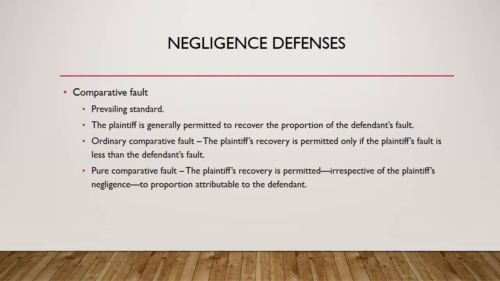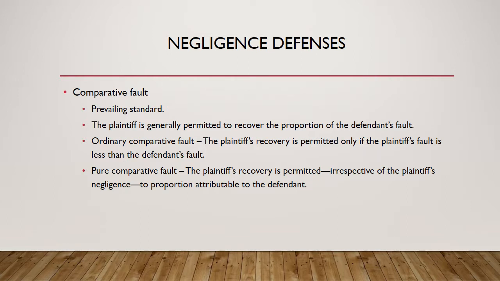So even if it can't act as a complete bar, it can limit the liability that the defendant has. Comparative fault still helps lessen the liability of what a defendant would owe the plaintiff. The other form, the pure comparative fault, in jurisdictions with this, the plaintiff's recovery is permitted irrespective of their negligence.